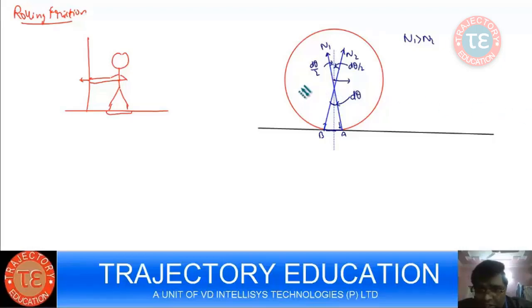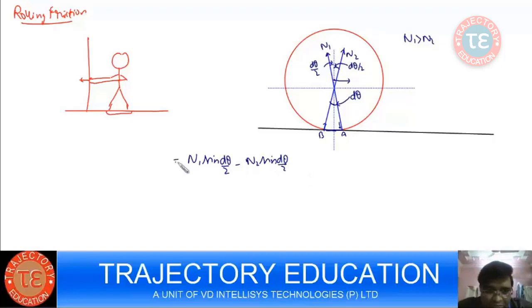So in the horizontal direction, the horizontal component of N1 is going to be N1 sine d theta by 2, and the horizontal component of N2 is N2 sine d theta by 2, and they lie in opposite direction.